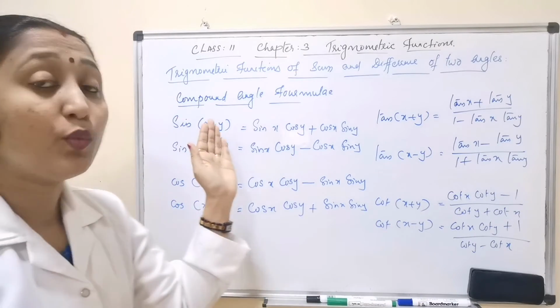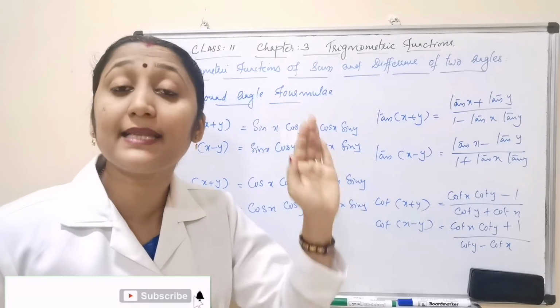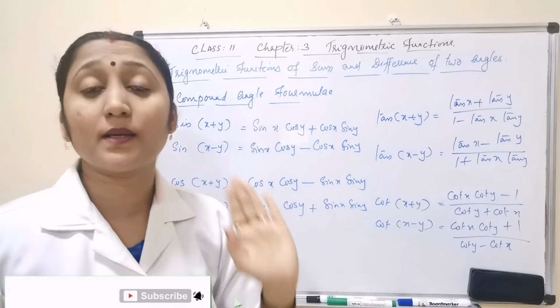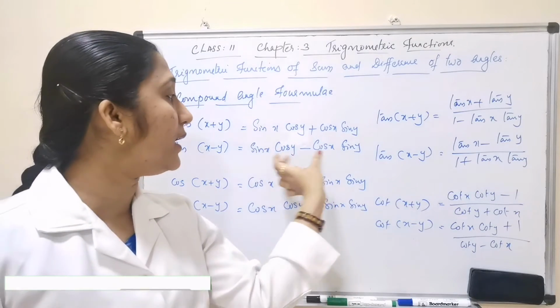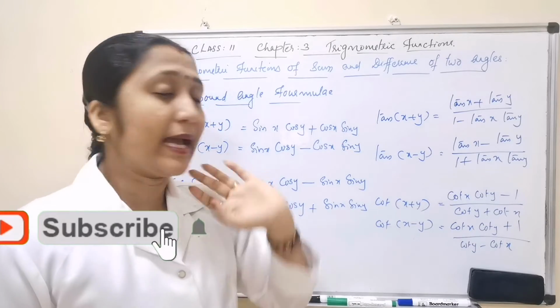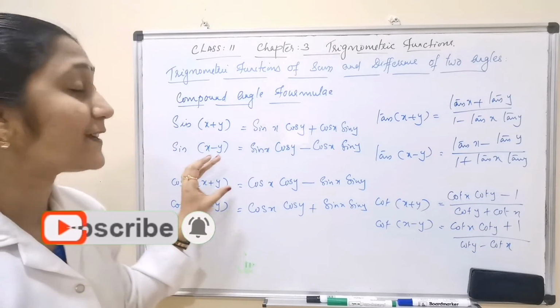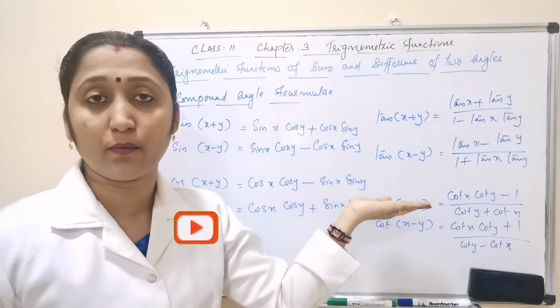So, once again, I will explain: sin of x plus y means sin x cos y plus cos x sin y. Sin of x minus y means, in the middle, sin x cos y minus cos x sin y. And cos of x plus y means cos x cos y minus sin x sin y.